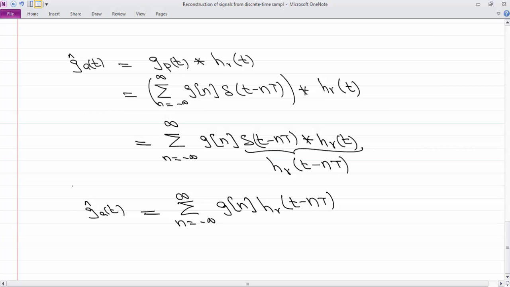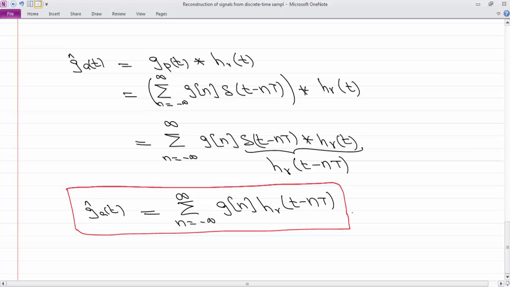This expression is true regardless of the choice of h_r of t.